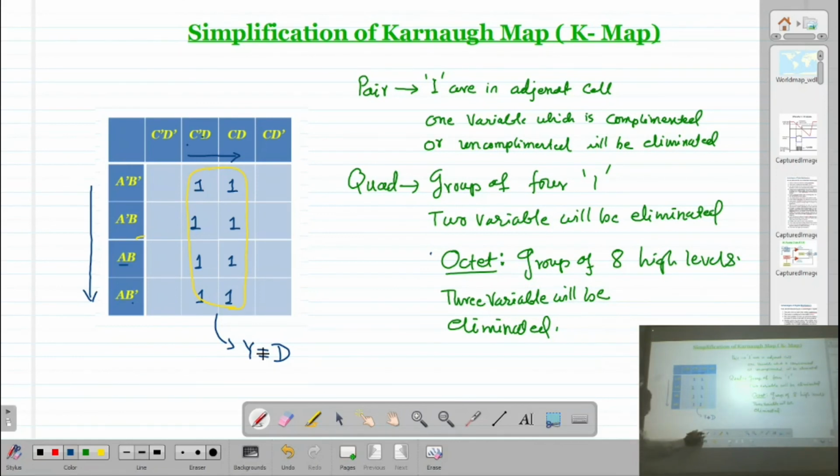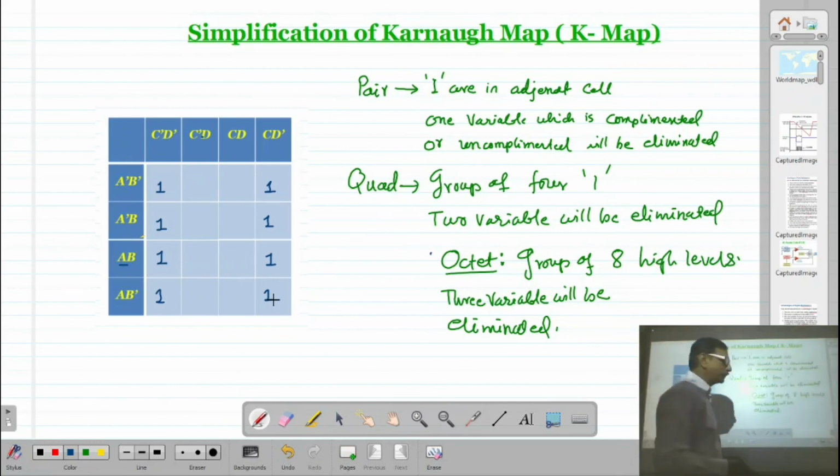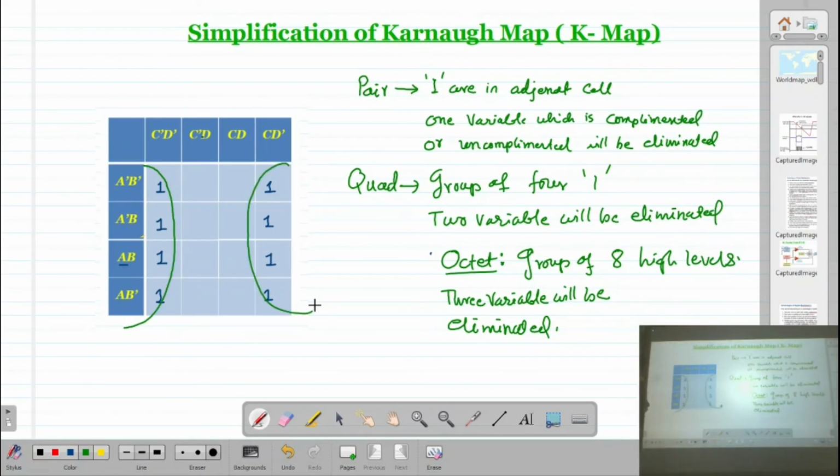Suppose we have these high levels 1, 1, 1, 1, 1. Here, as I already mentioned, you can roll the Karnaugh map. So you will find that half of the octet is on this side, half of the octet is on this side.